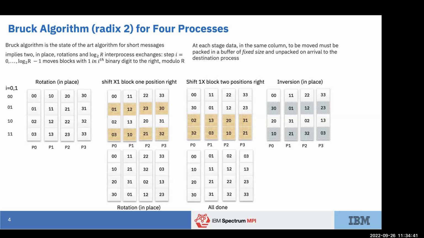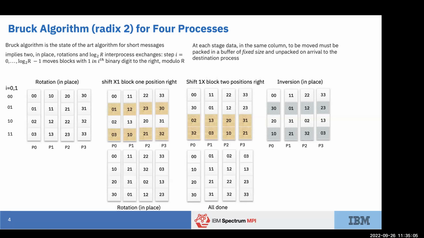And so the total number of rotations is logarithmic, and that actually allows us to reduce the total number of messages to be sent. This reduction comes at the price that these messages have to be aggregated.